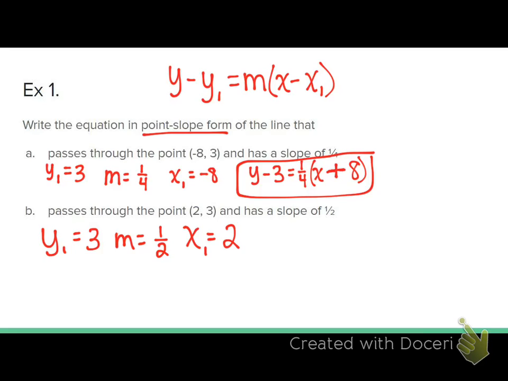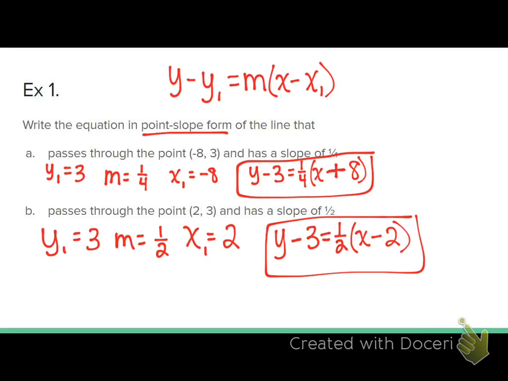Okay? So when I start writing my equation in point slope form, it would be y minus 3 equals 1/2 parentheses x minus 2. Good. Why didn't we change any of these to plus signs? Because the 2 is positive. 2 was positive and the 3 was positive, so they keep their same sign. Okay. That would be our answer.